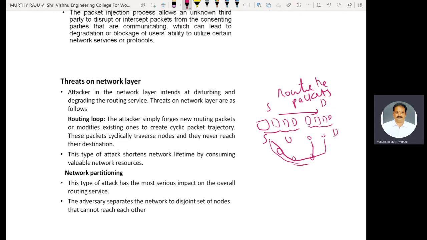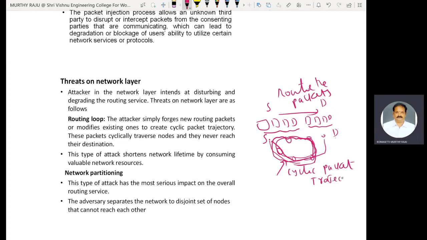These 8 packets circulate in a cyclic path, with trajectories created like that. The attacker simply forges new routing packets or modifies existing ones to create a cyclic packet trajectory.